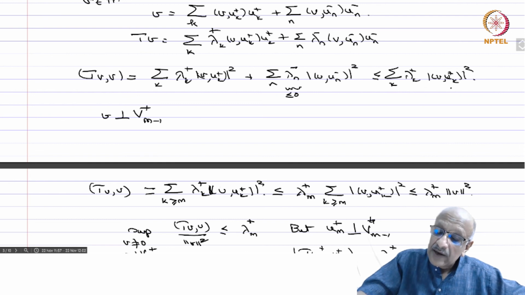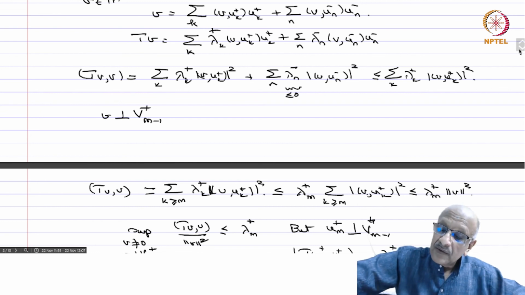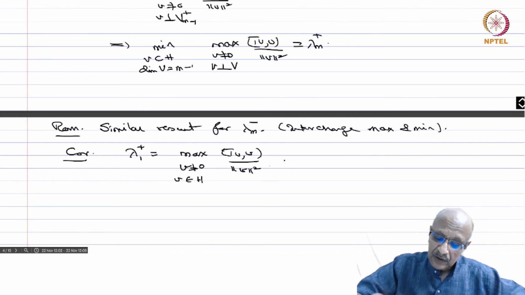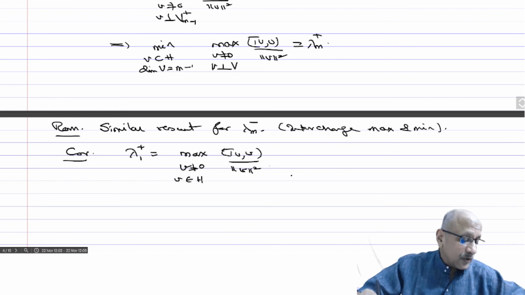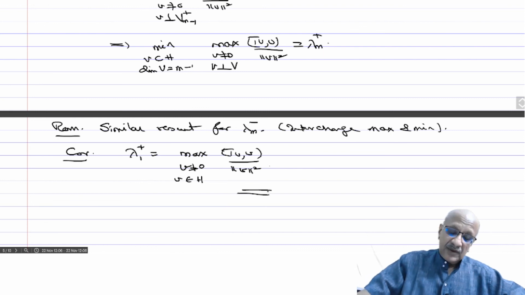And then for u1 plus you already have it attained, and therefore the maximum over the whole space is in fact lambda 1 plus. This is a very useful thing, because you get directly a maximization problem which you want to solve for the first eigenvalue, and therefore you can find it. Okay, so we will wind up with this, and then we will do the exercises.